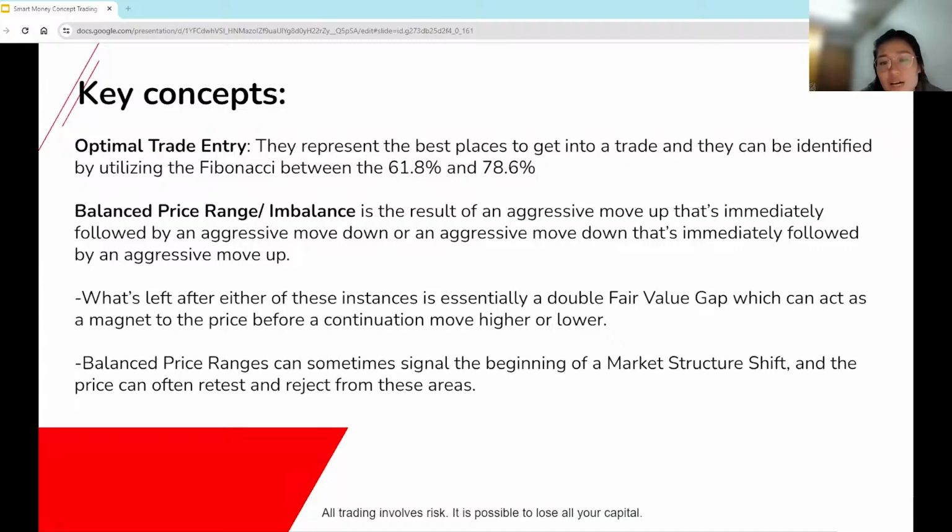So what's left after either of these instances is essentially a double fair value gap, which we talked about earlier, and can act as a magnet to the price before a continuation move higher or lower. And balanced price ranges can sometimes signal the beginning of a market structure shift, which again we talked about earlier, and the price can often retest and reject from these areas.